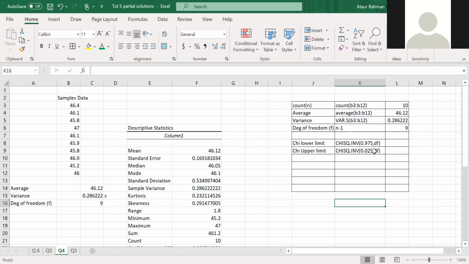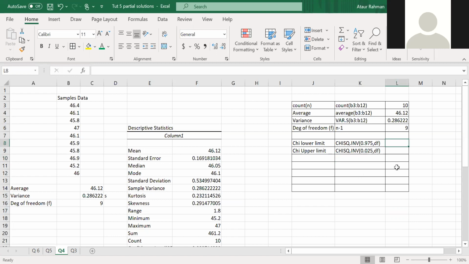So 0.025 is remaining on the right side of the distribution. We are really interested in the interval between 0.025 and 0.975. The difference between these two is 0.95, which is 95%.